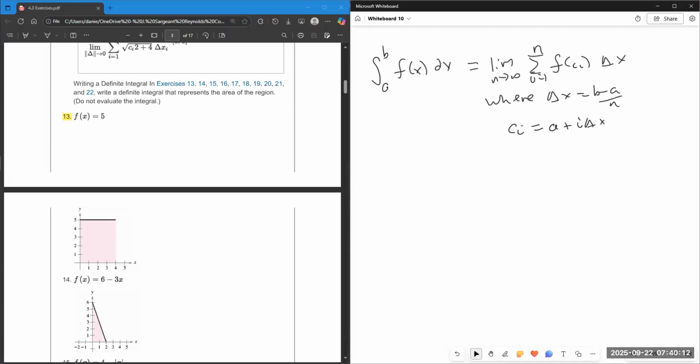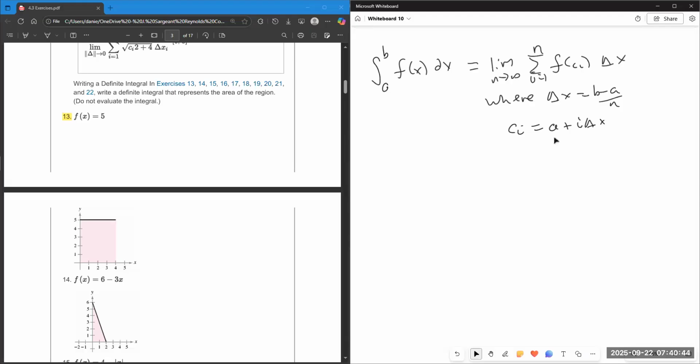That is a very good definition. Really, ci can be anything that's within a to b, any amount of slices there that you want, that don't have to all be the same size. There just needs to be a pattern to them, but using those right endpoints of those rectangles will be helpful.